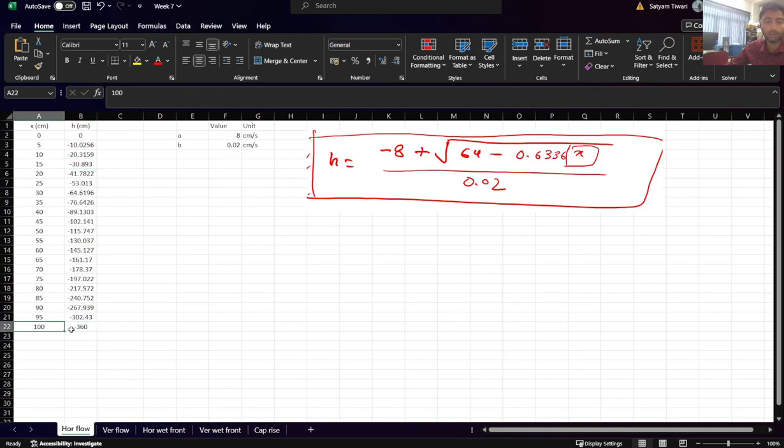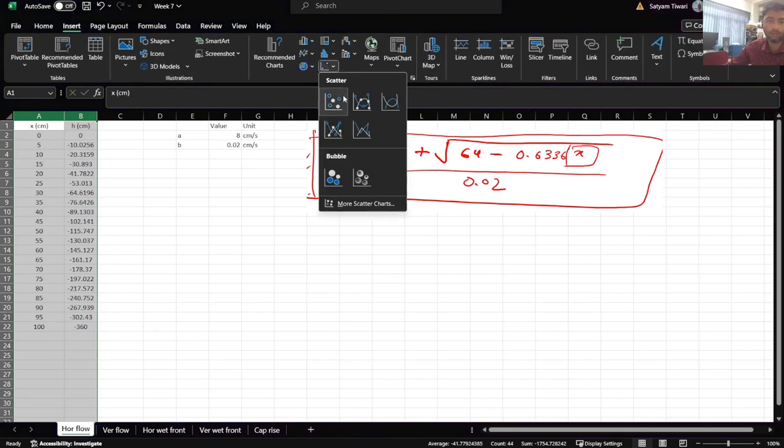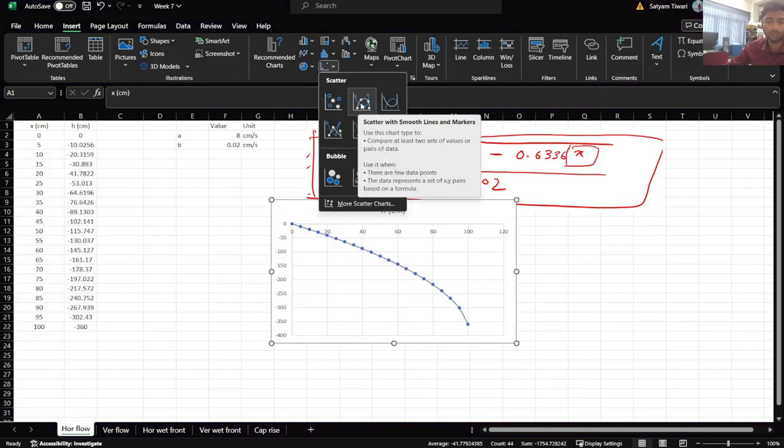So the head at 100 centimeters is provided at minus 360. Fine. So if we plot the variation of head against x, let's insert the graph, and the variation is like this.